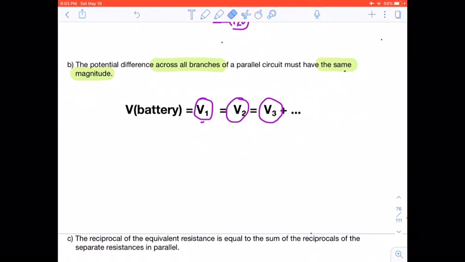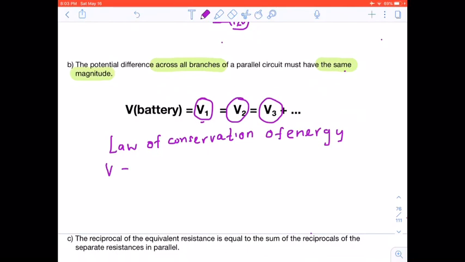Right, now this here is essentially a law of conservation of energy. Right, it may not look like that, but it is. We know that voltage is what? Voltage is actually equal to potential difference, right?